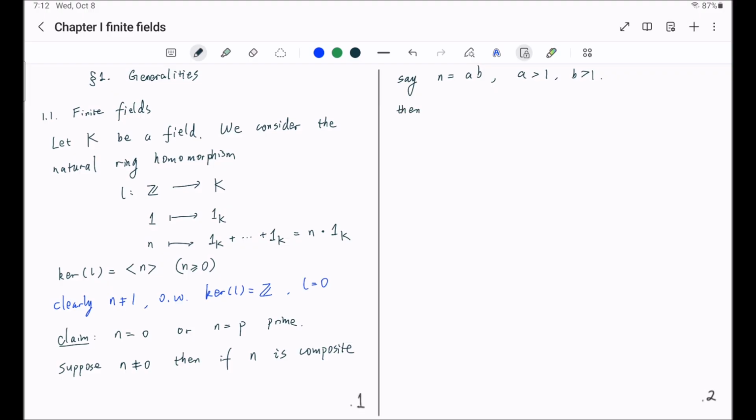Then, by the property of ring homomorphism, iota of a times iota of b, which is iota of a times b, which is equal to iota of n, is equal to 0.